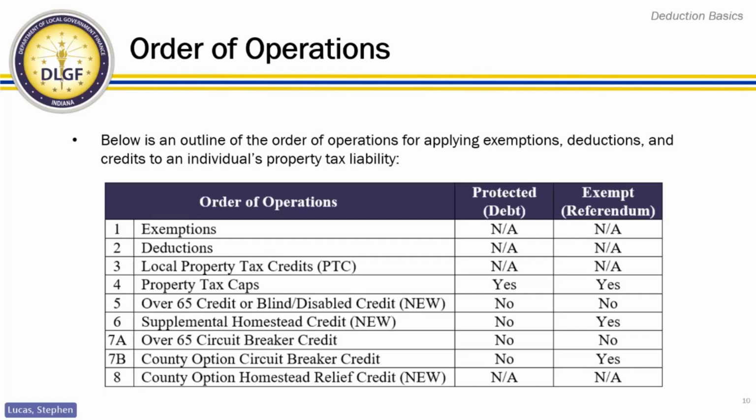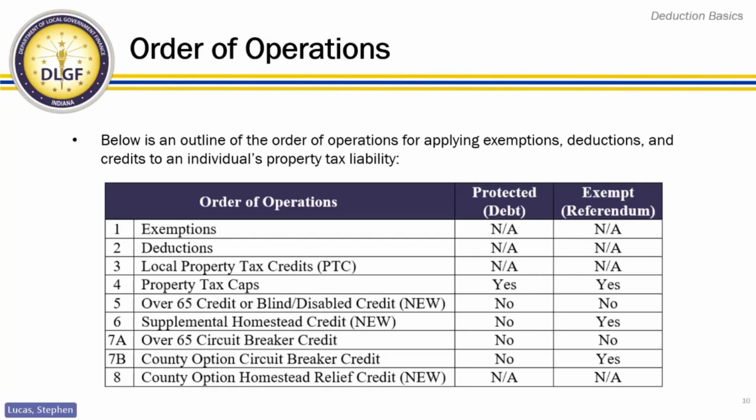As I mentioned, those mean that the property isn't subject to tax to begin with, so it makes sense that you would apply those first, followed by deductions. And as I just mentioned, the order of the deductions can be specified by statute or can be specific to an improvement, but to the extent that it's not spelled out, it should be applied in the order that maximizes the benefit to the taxpayer.